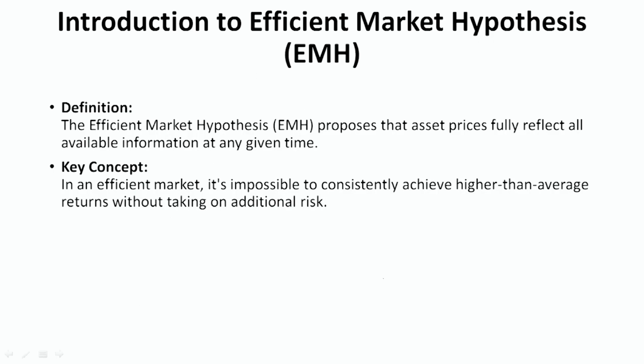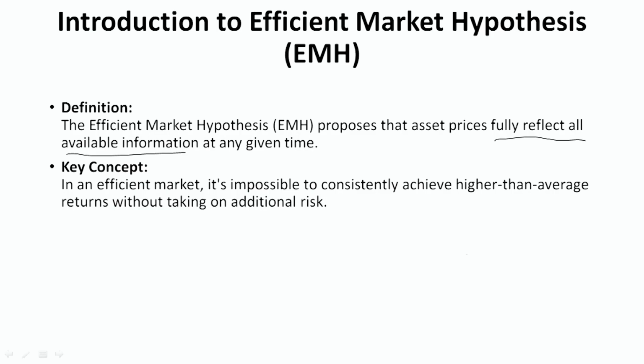When we go into the efficient market hypothesis, what does it actually say? It says that the asset prices will reflect all information which is available in the market at a particular point of time.